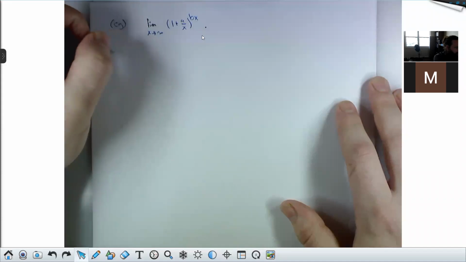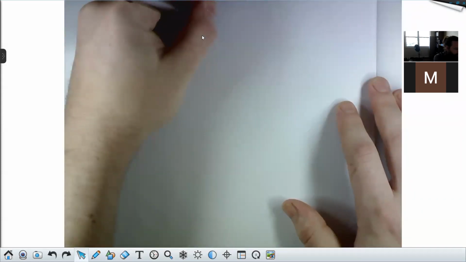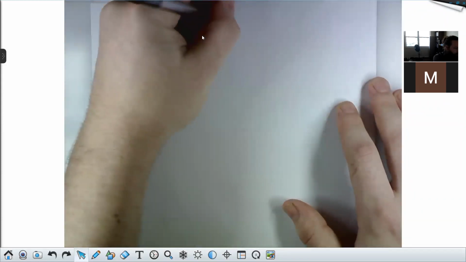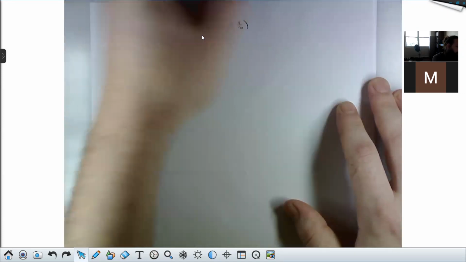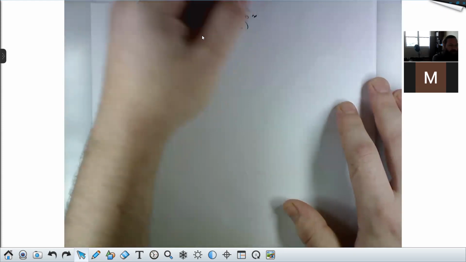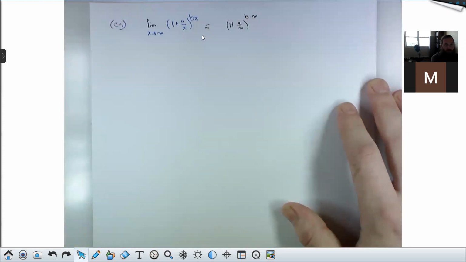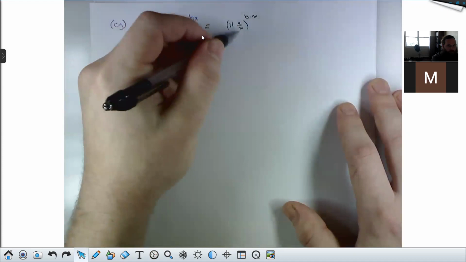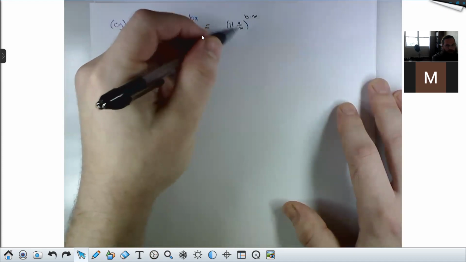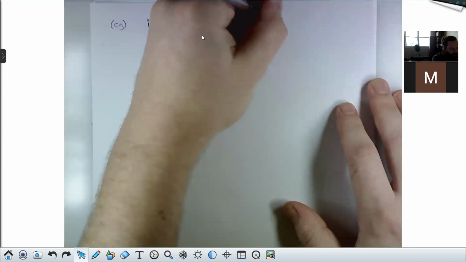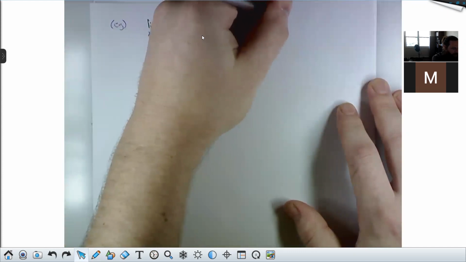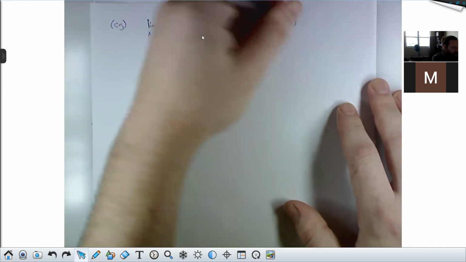If we just start plugging in, this looks like 1 plus a over infinity raised to the b times infinity. A over infinity here for any constant a is 0. So this is like 1 plus 0 raised to the power.